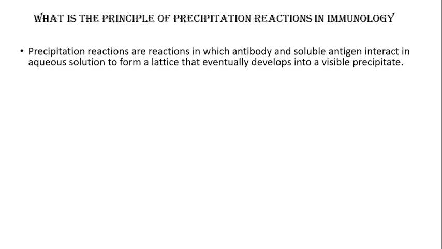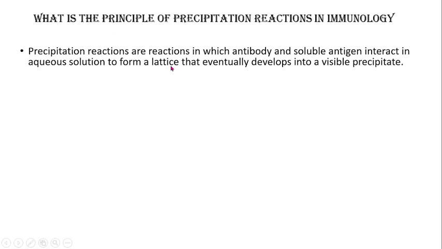They are reactions in which antibodies and soluble antigens interact in the aqueous solution to form a lattice that eventually develops into a visible precipitate. The lattice is a net-like structure, similar to a net that prevents the entry of mosquitoes or those used for catching fish.